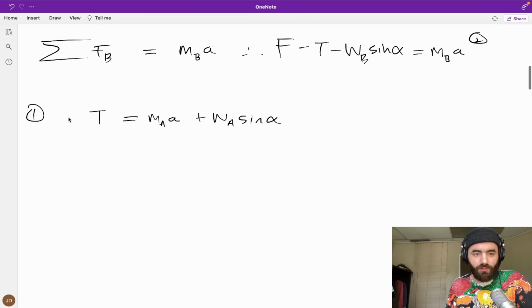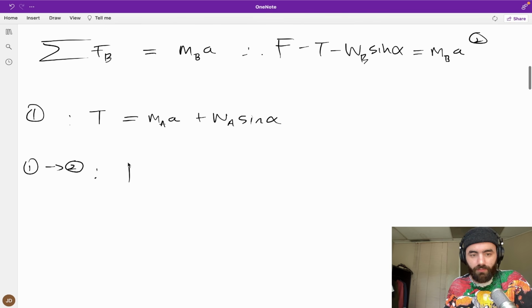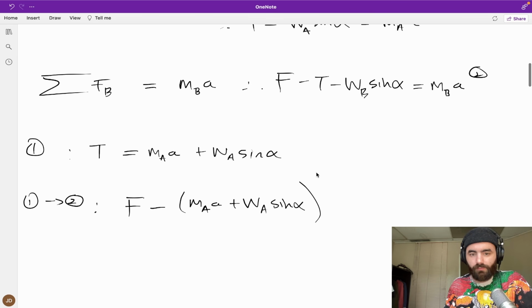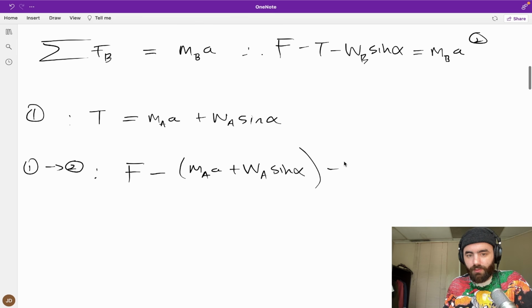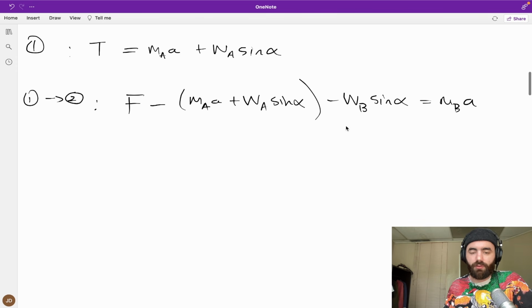Then if we substitute 1 into 2, I'm keeping it in general form for now and I'll substitute the numbers in later, we get F minus T, which is this, minus W_B sine alpha equals m_B a. Now we have an equation for a, and we actually have all these values.